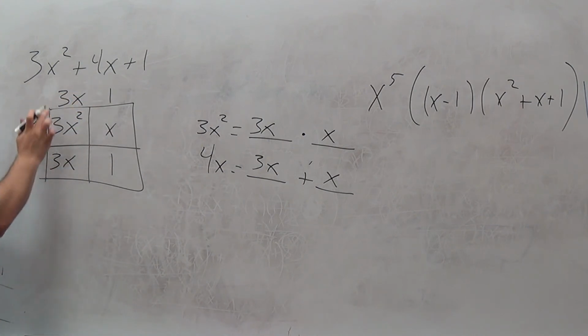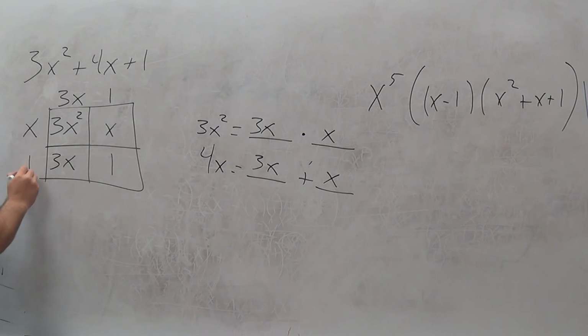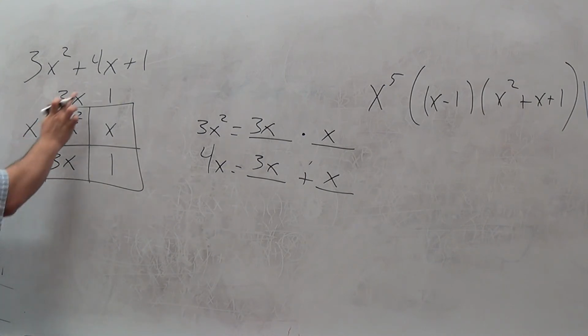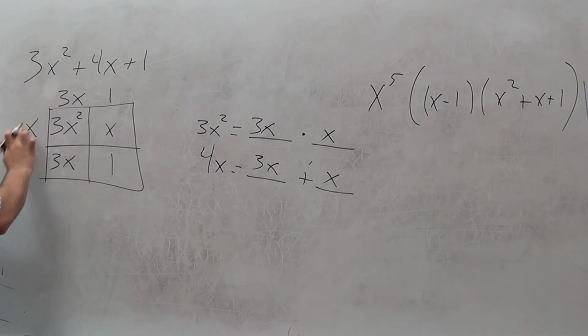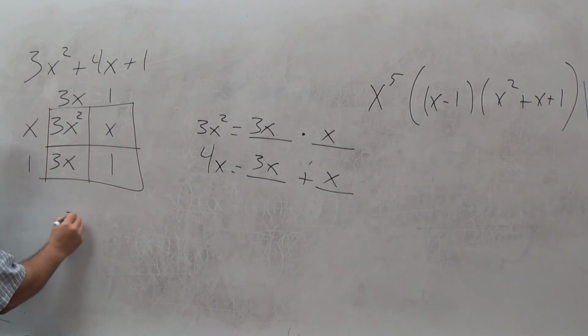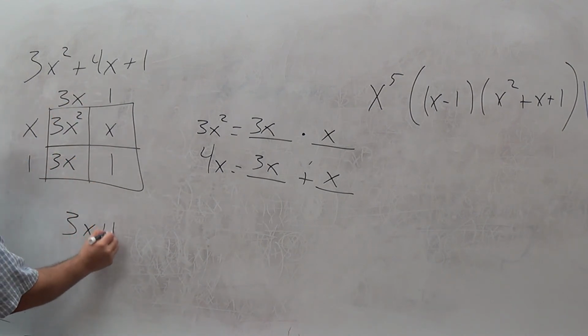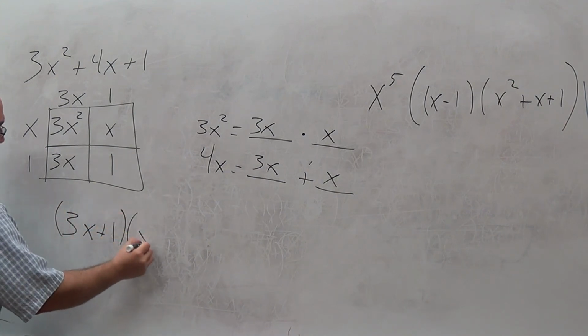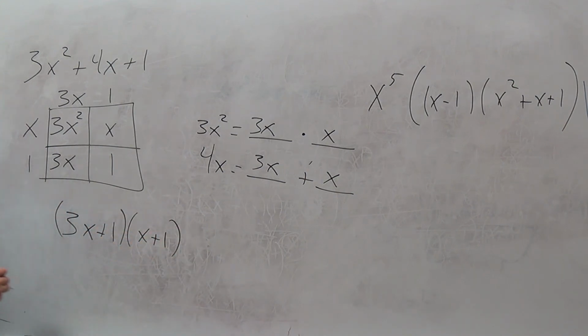Something times 3x gives me 3x. I throw a 1 down. 1 times 3x is 3x. 1 times 1 is 1. So all of these check out. So I know that 3x plus 1 times x plus 1 is factoring this down. Okay, with that said, enjoy your homework.